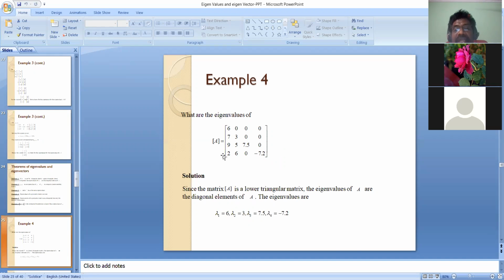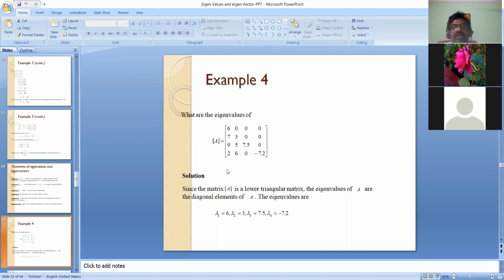Can you name it? Can anyone name the given matrix A? What is the specific name for this given matrix? What is this? Vinila?